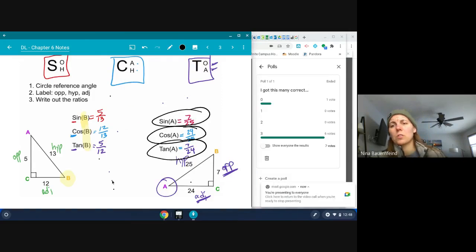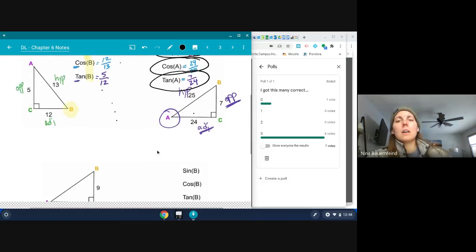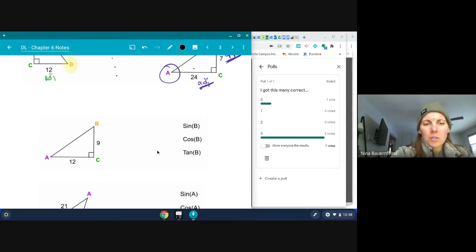It looks like most folks got them correct. Whoever said 0, if you want to hang out afterwards, I can explain a little bit better before you take the quiz. These are some examples of questions that you might need to do. I'll show you one really quick. Here's the only difference. With these, you'll notice we're missing this side. In this case, that's the C because it's across from the 90-degree angle.